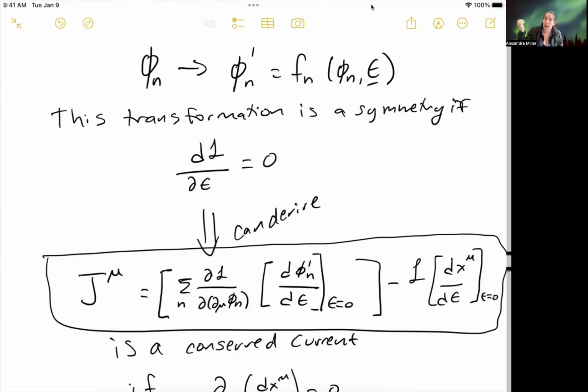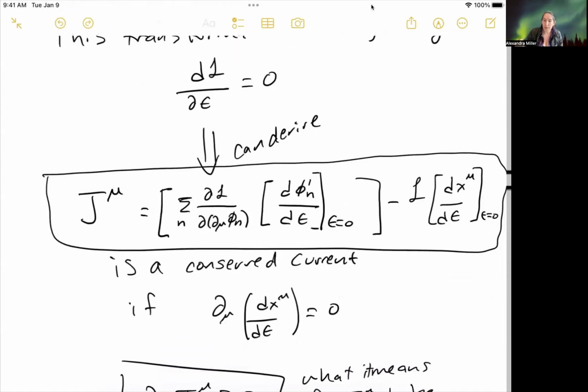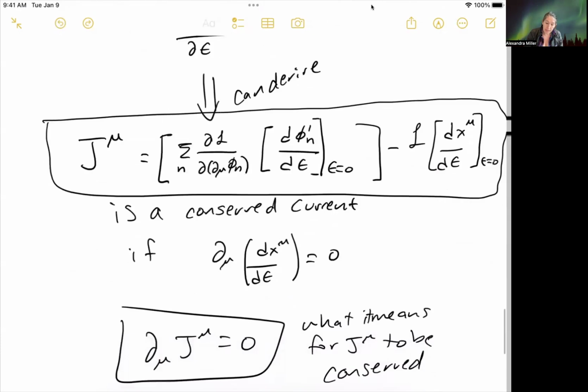If you do, then you say, aha, this is a symmetry of my Lagrangian, and now I can calculate some J mu, which is a conserved current associated with that particular symmetry. Again, with the sidebar that this other thing also needs to be true in order for J mu to be our conserved current, which in this class will generally be the case. And the statement of conservation is that d mu J mu is equal to 0.